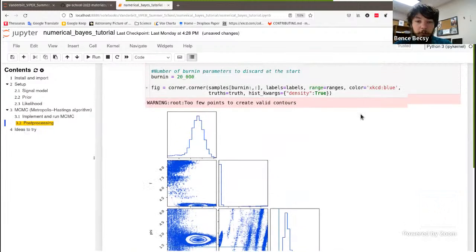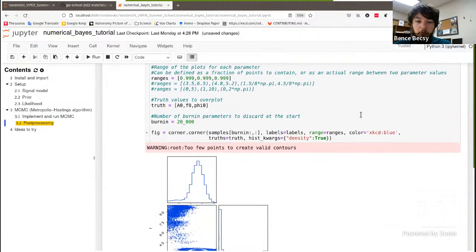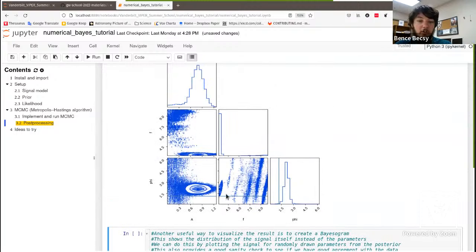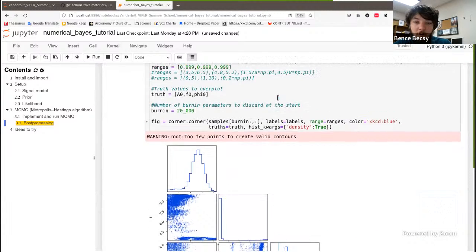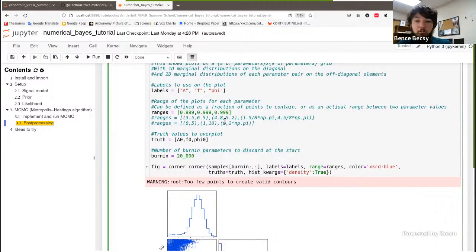And here I also plotted the true values for these parameters, and you can't really see them because the sampler is fitting something else for some reason. One thing you can try is the range parameter that you can plug into corner, which tells it what ranges to use for the different parameters.